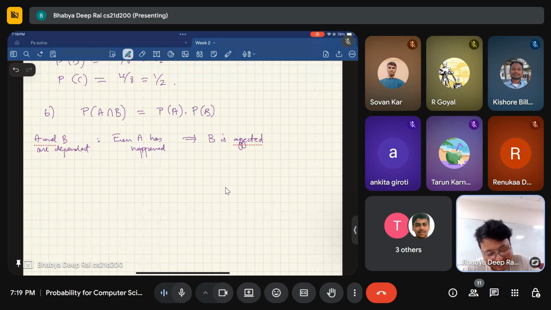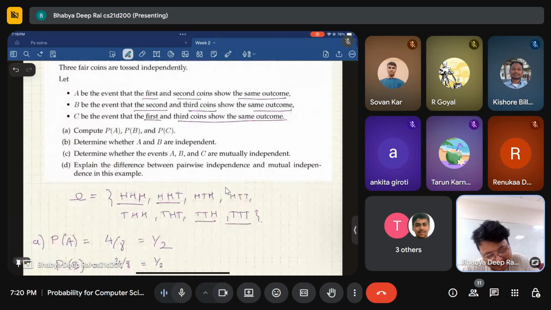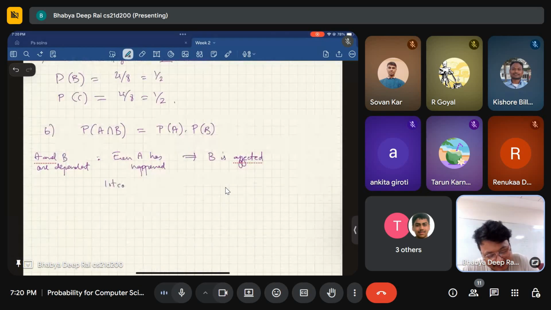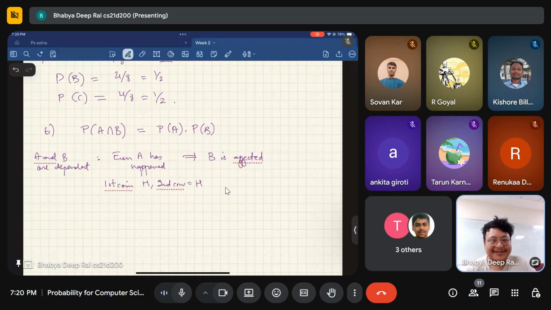So for example, what is A? The first coin is heads and the second coin is heads. What is B? B is the event that the second and third coins are the same. This is not necessary. The third coin is an independent toss.